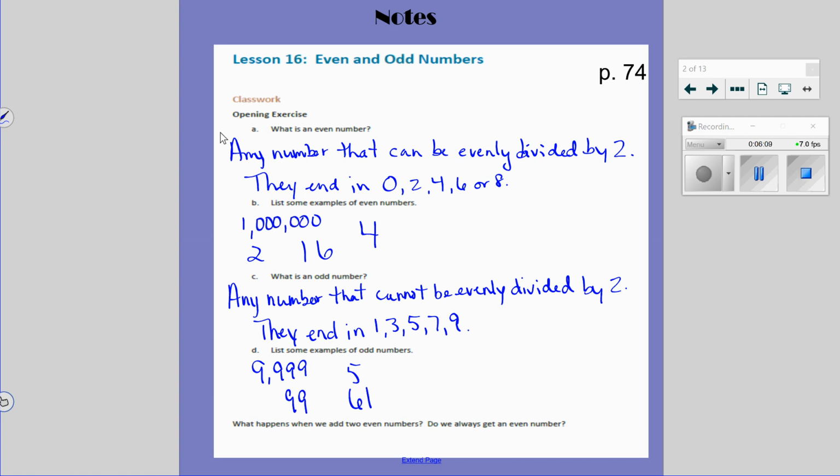Okay, our first thought question. What happens when we add two even numbers? Nora? Good. You actually even got into the next part we're going to do. So hopefully they heard that at home. So when we add two even numbers, the answer is even.